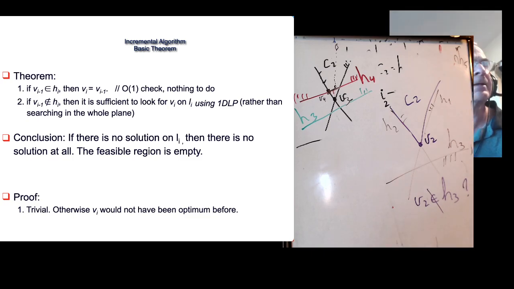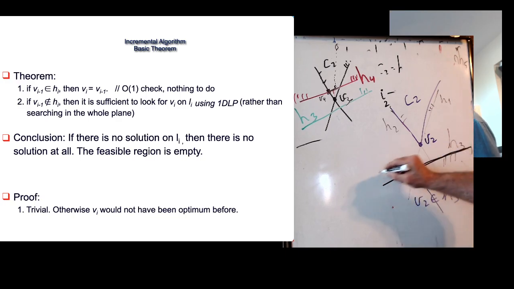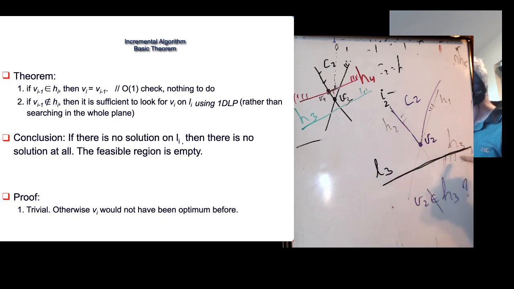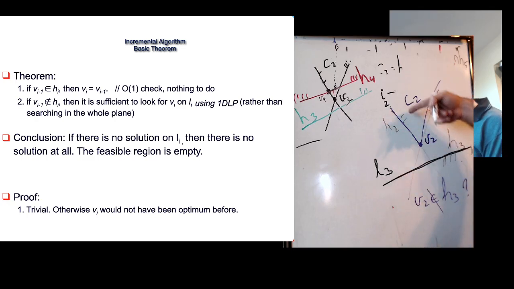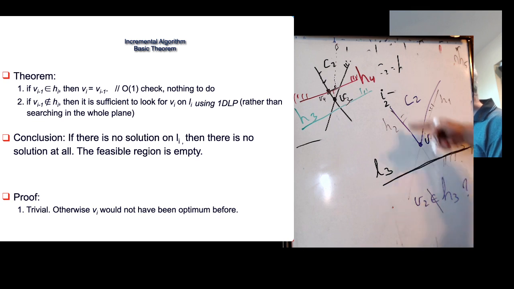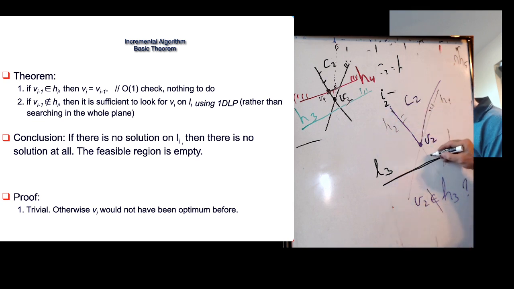So what does the theorem that we just studied tell you? It's enough to look for a solution only on L3, only on the line that bounds H3. So let's do it. I need to cut L3, this line, with H2, which will be this intersection point, meaning that my solution should be to the right of P2.